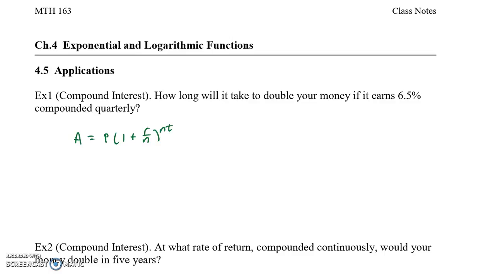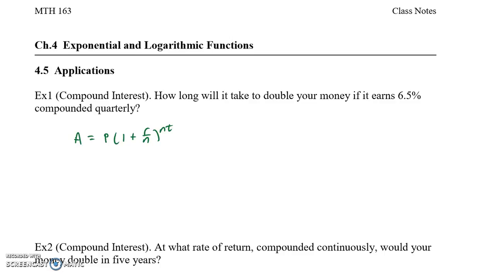A is the amount that the investment grows to, the future value of the investment. r is the interest rate. n is the number of times interest is compounded per year, and t is the amount of time in years. So it says, how long will it take? So we're solving here for t to double your money if it earns 6.5% compounded quarterly.